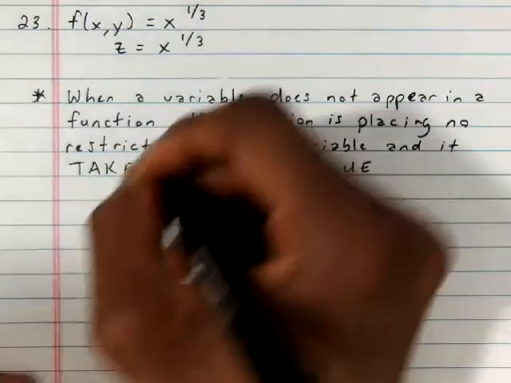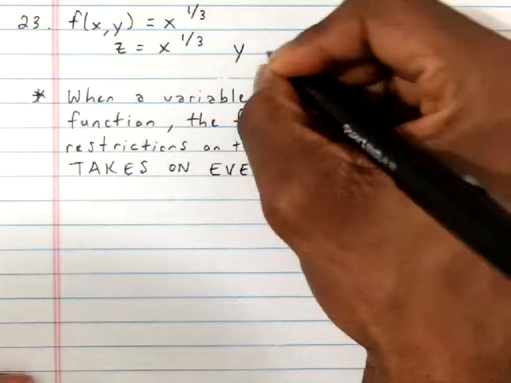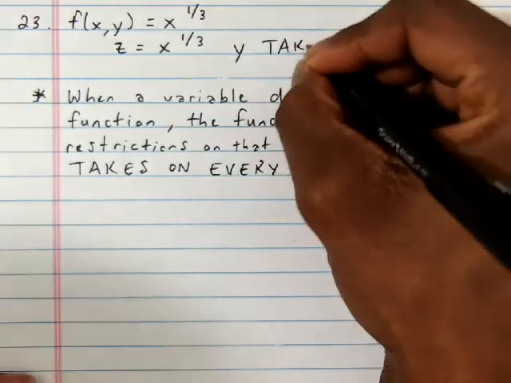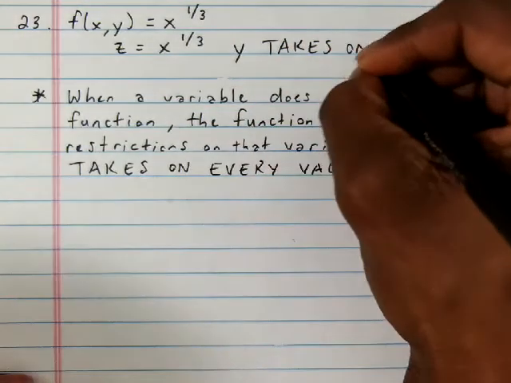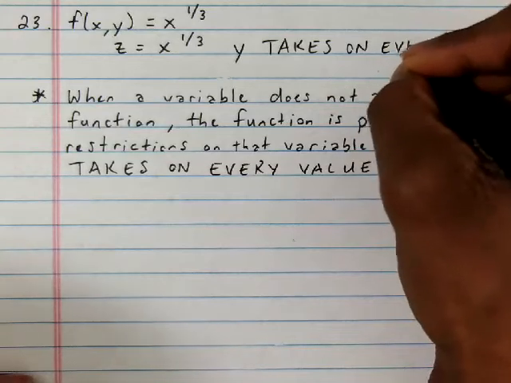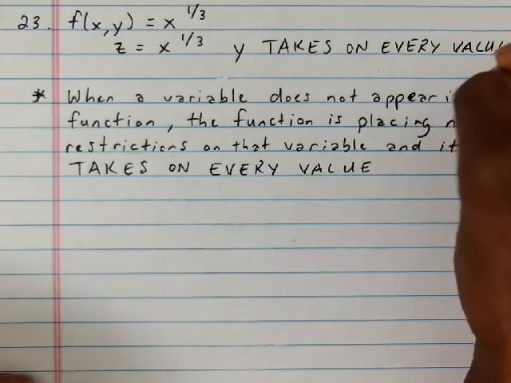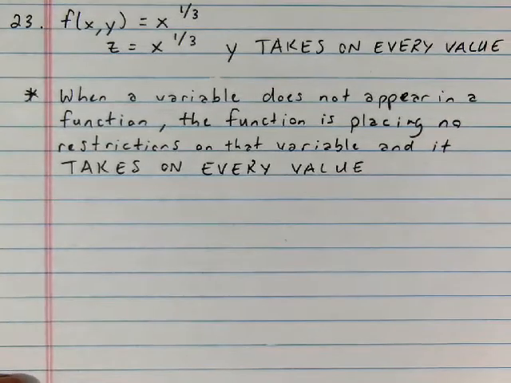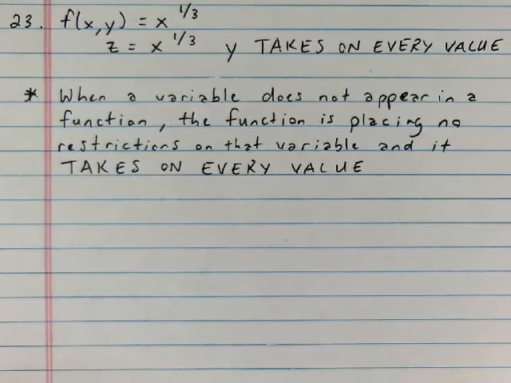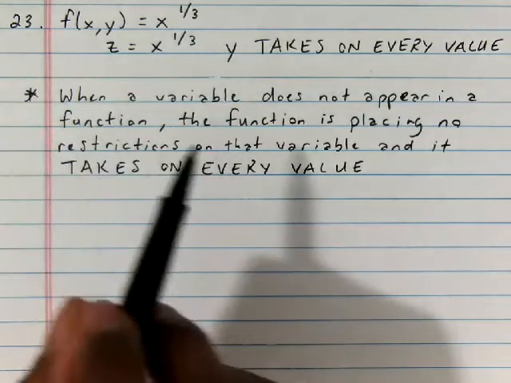We would say for this one, y takes on every value. And we've discussed this before when we were talking about cylinders. So now it's true in general when we have the graph of a function.